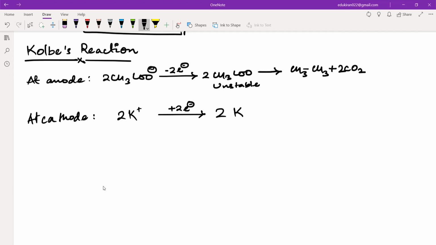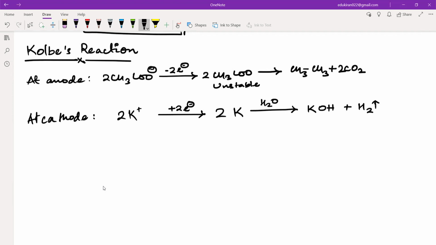Since the electrolysis is happening in aqueous solution, the potassium will react with water and form KOH, because it is an alkali metal. That means if I add it in water, it forms an alkali, that is a base, and H2 gas is liberated. So this is the reaction that happens.